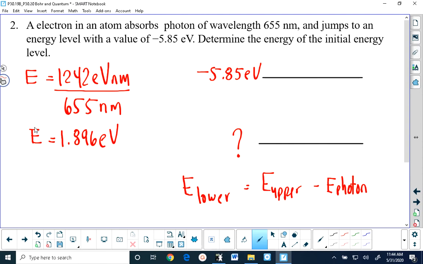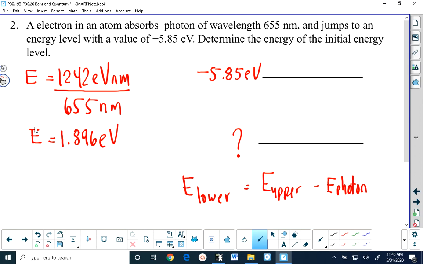And again, what we are doing here has nothing whatsoever to do with whether the photon is absorbed or emitted. We're building this equation based on the energy level we know and the energy level we want to find. If you want to find a lower energy level, you take the upper energy level and subtract the energy of the photon.